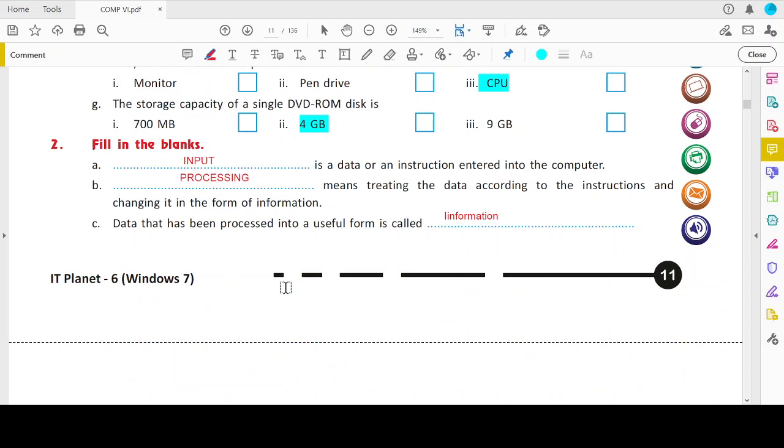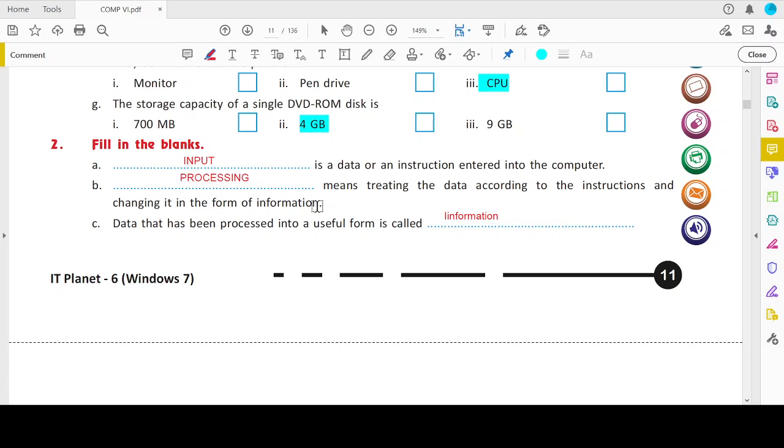Next, fill in the blanks. Dash is a data or an instruction entered into the computer. Input is a data or instruction that is entered into the computer. Dash means treating data according to instructions and changing it in the form of information.